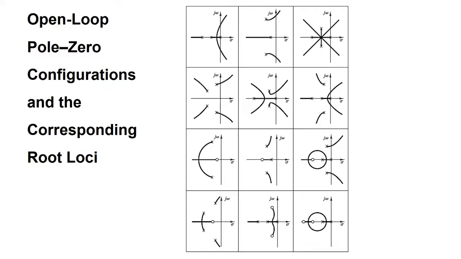There is no zero, divided by n minus m, which is 3 minus 0. So in this case, the location of asymptote intersection with real axis is -1, which is exactly on the pole. And the angles are ±60 and 180, just like the examples we are solving. So if I draw the asymptotes in this example, they exactly look like this.